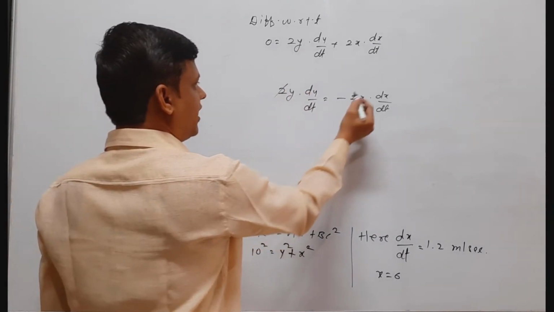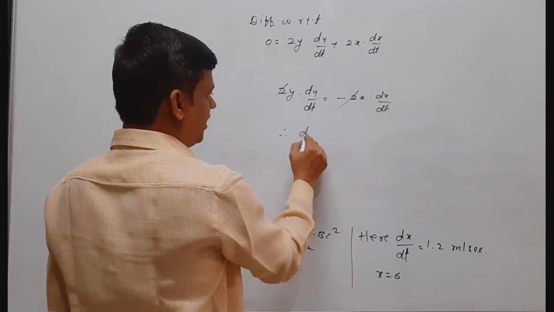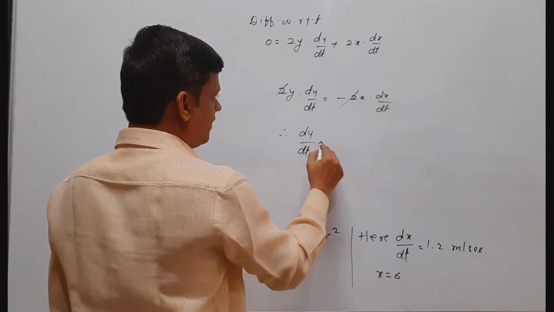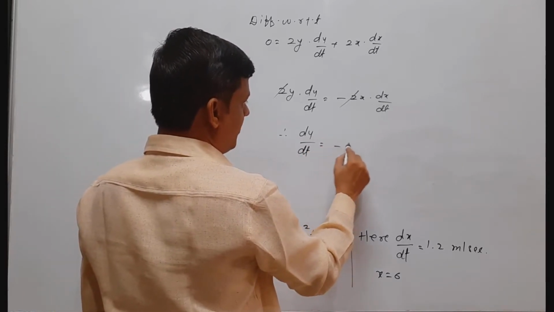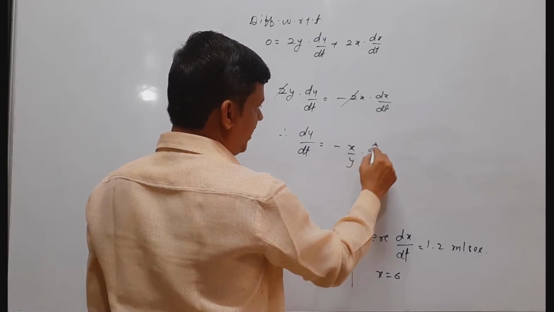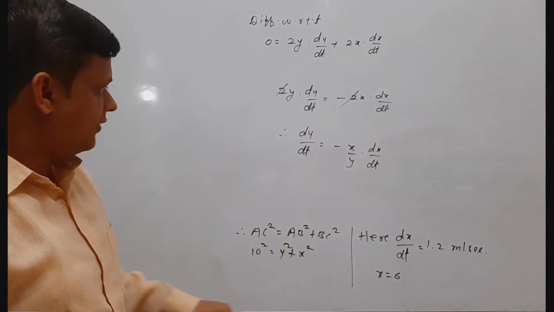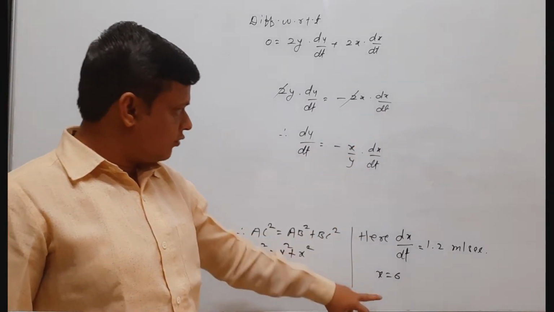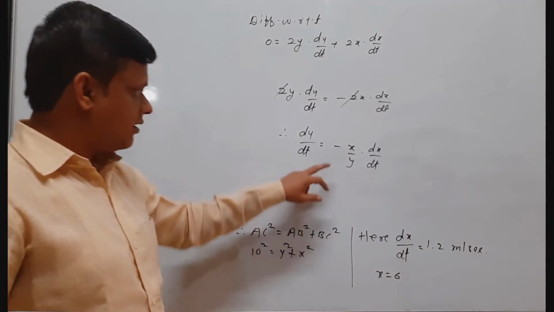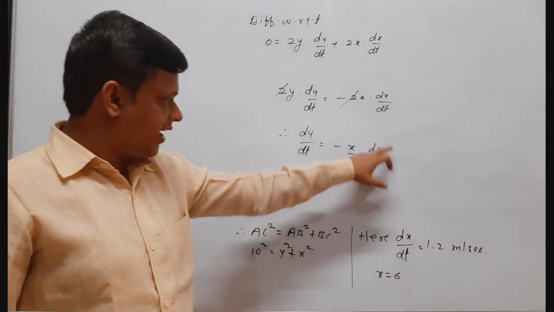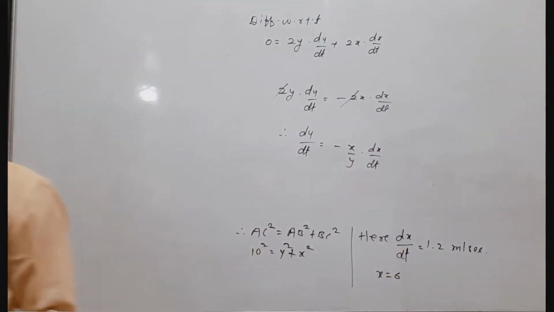So here 2 gets cancelled. Therefore dy by dt is equal to minus x by y into dx by dt. Now we have the value of x, which is 6. Here dx by dt is 1.2 meter per second.